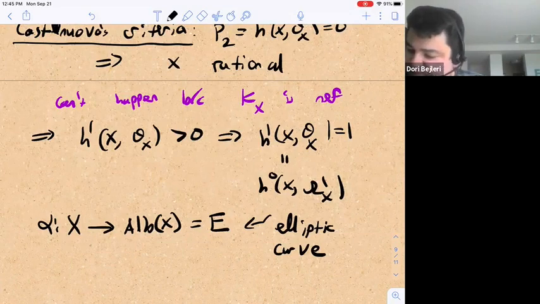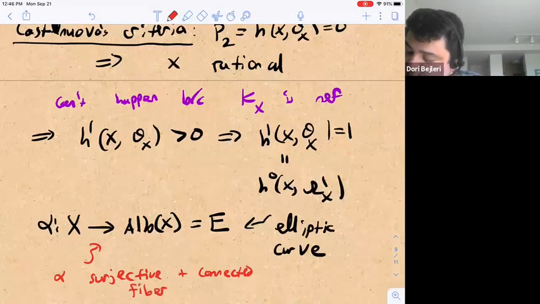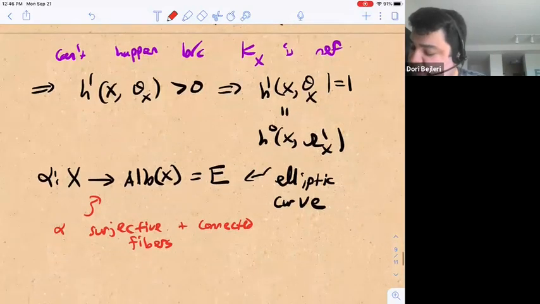So that's the very rough strategy. And I should say a few properties here. So alpha is surjective and with connected fibers. So in particular, it's flat because it's surjective and X is irreducible.